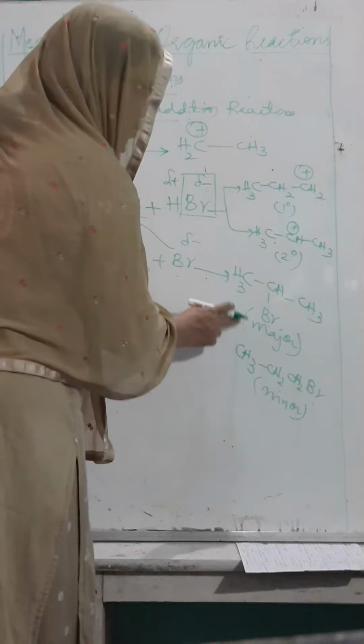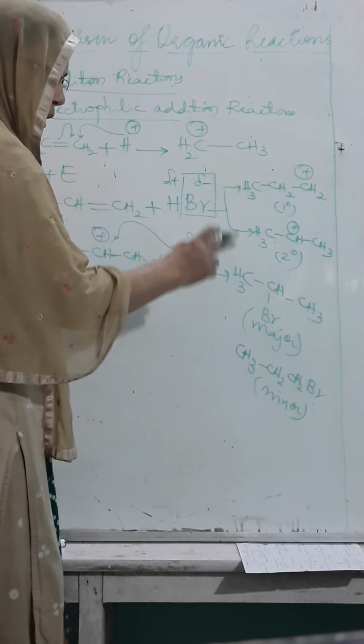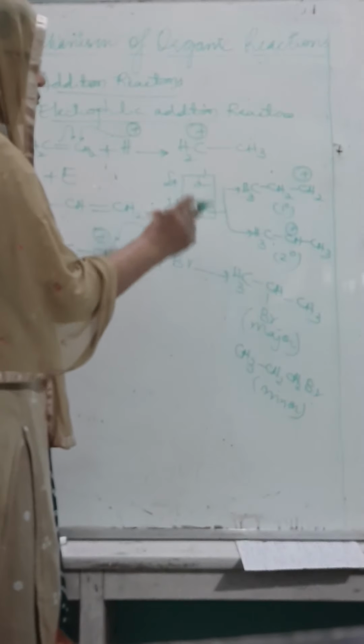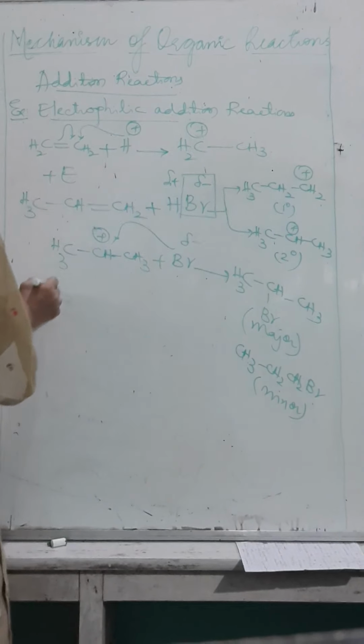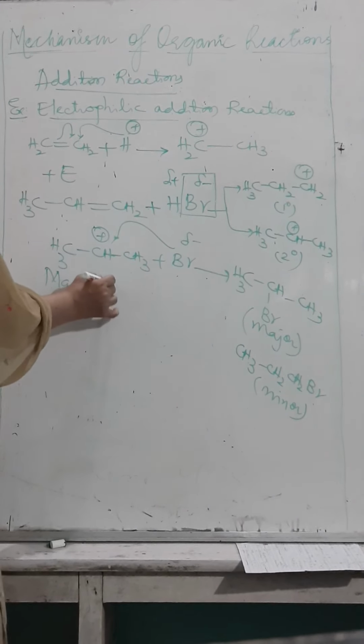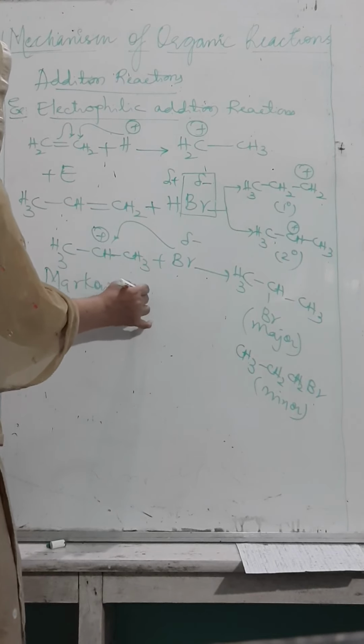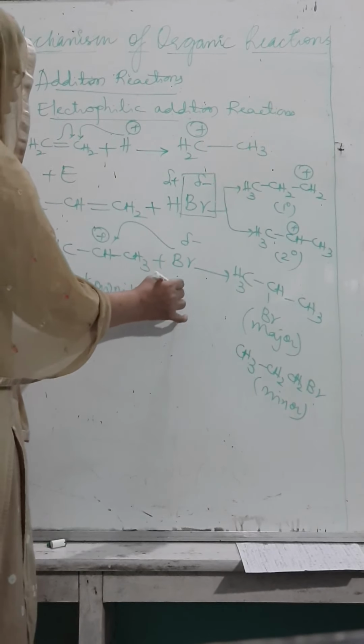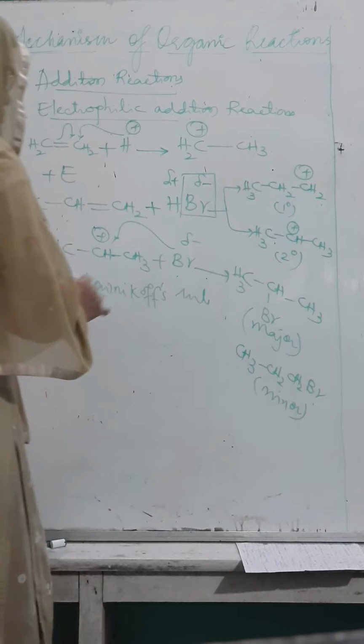Actually, the major and minor products are decided on the basis of Markovnikov's rule. Can anybody recall what Markovnikov's rule is?